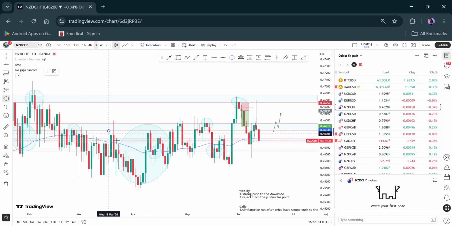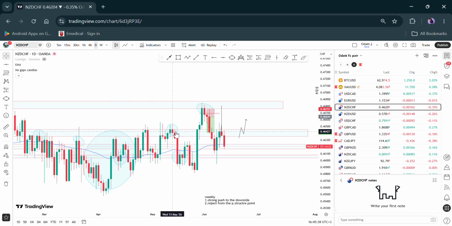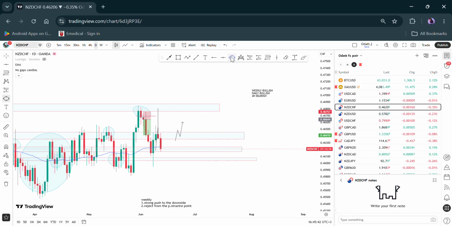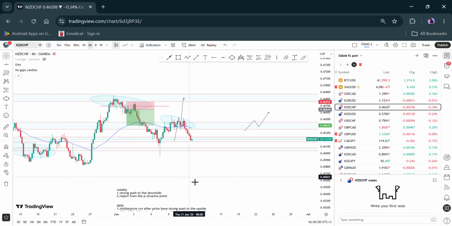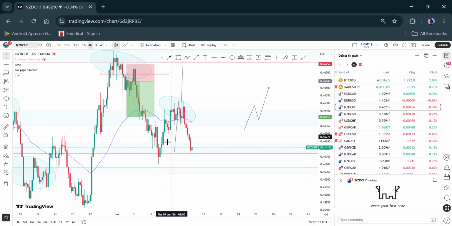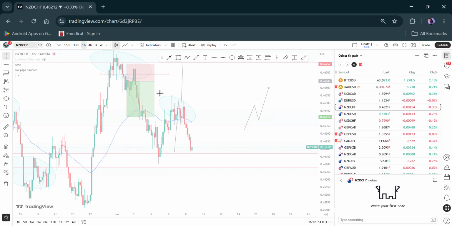Doji rejection, price goes to the downside. Doji rejection, so the same thing happened around here, the same level, doji rejection, went to downside. So 4H time frame, this was a very good counter trend trade. As you can see, 1 hour break or break and retest.